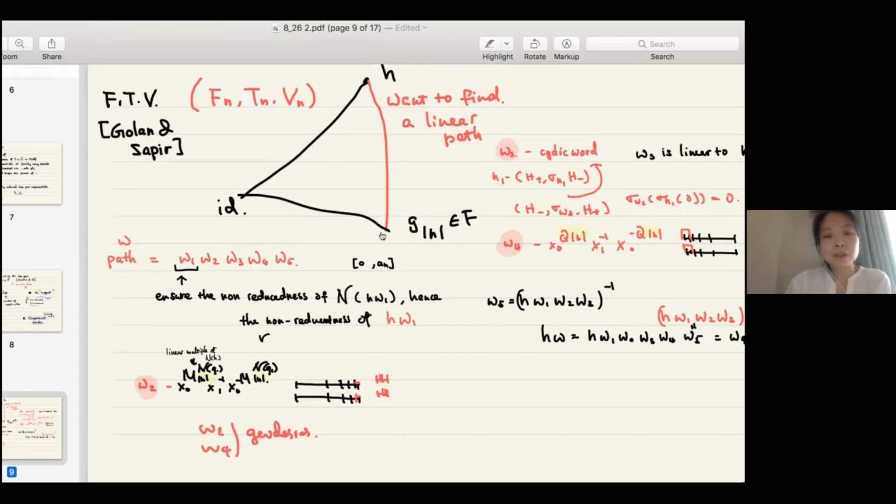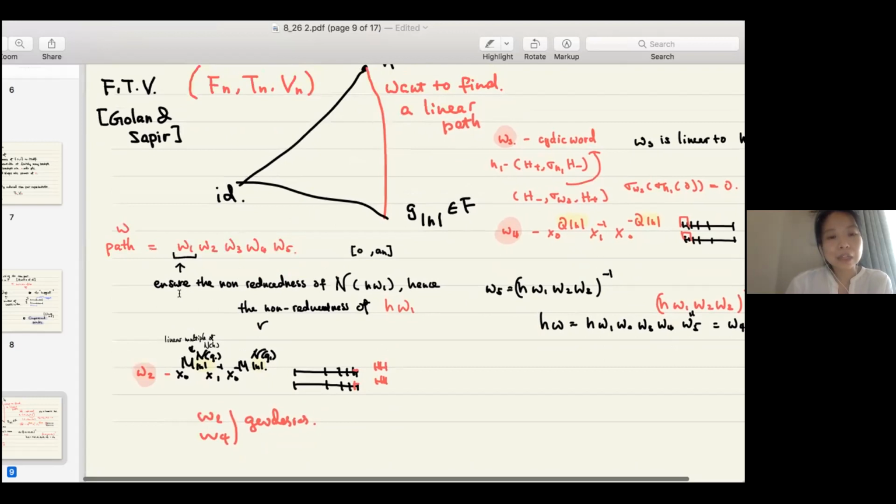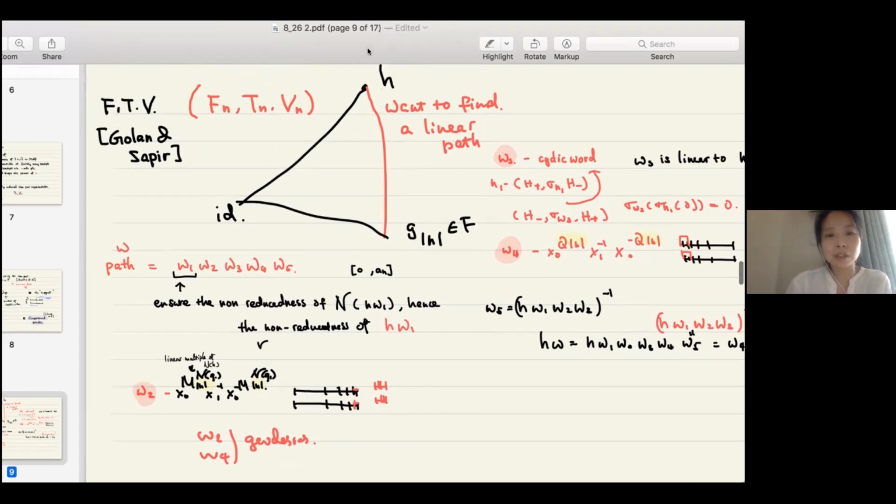So this path actually breaks out into 5 subpaths. The first subpath is to ensure that this element is large enough.